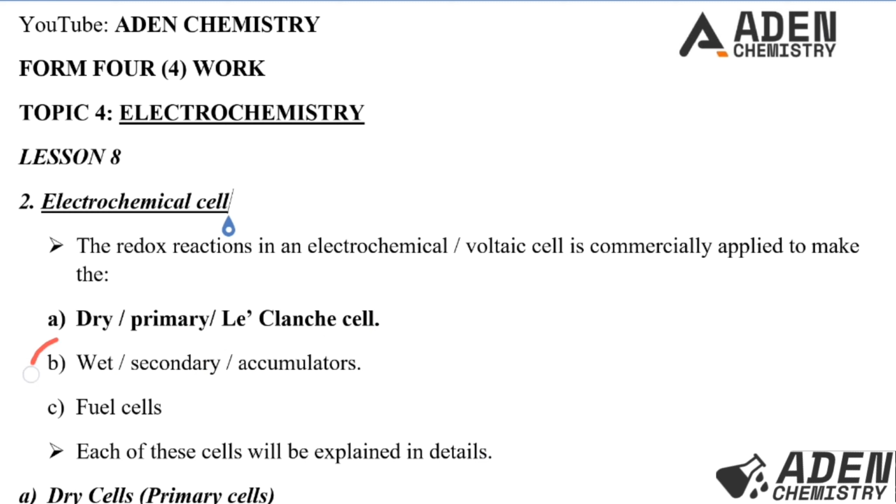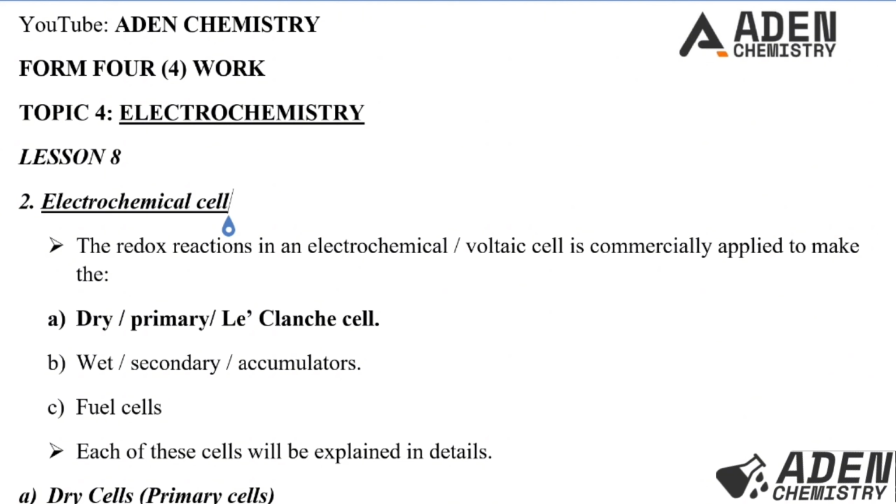Part B, wet cells, secondary cells, and a good example of the secondary cell that we are going to pick is the lead acid accumulator. Then part C, fuel cells, and the good example that we are going to pick from the fuel cells is the hydrogen oxygen cell.